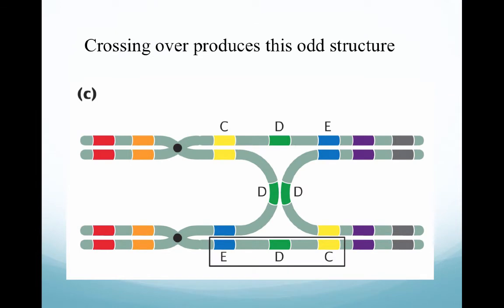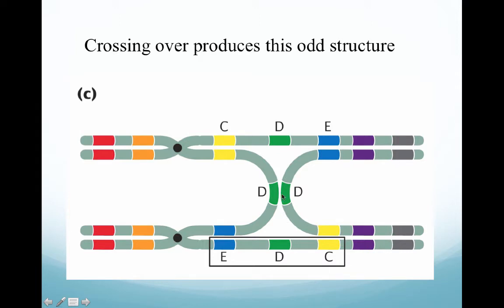And as those chromosomes start to separate during anaphase, what ends up happening is we have two chromosomes that are connected together because the D gene paired up and crossed over in prophase 1. And then we also get a portion of the chromosome that isn't complete and has no centromere.